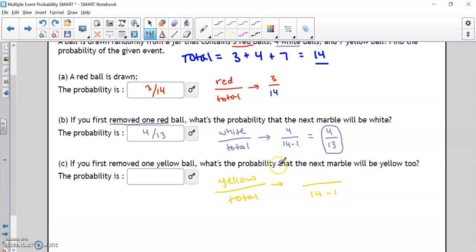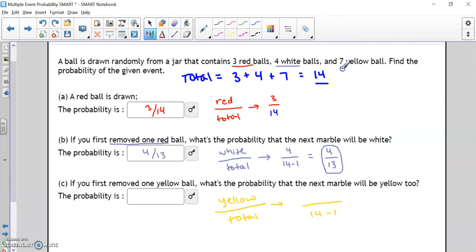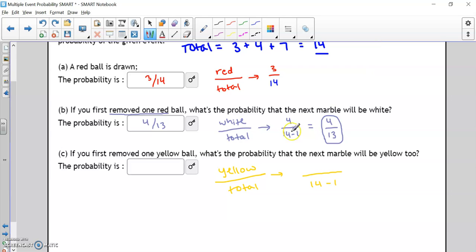And here's the other thing. We started with 7 yellows, but we took 1 out before we're testing the probability of another yellow. So really, this one will be 7 minus 1 because we took 1 out. All right.